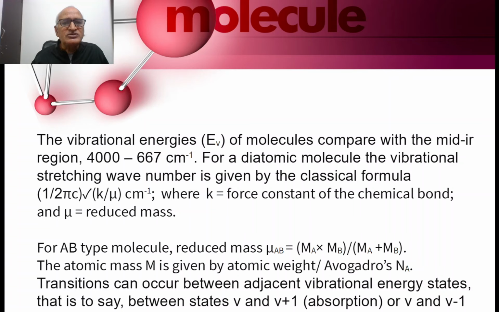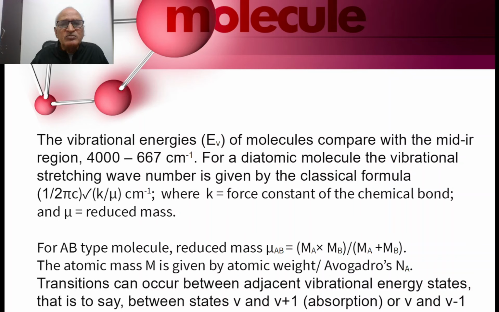The vibrational energies of infrared radiation and the vibrational energy of molecules are comparable. Actually, the vibrational energies of molecules compare favorably with the middle infrared region, that is extending from 4000 to 667 reciprocal centimeter.